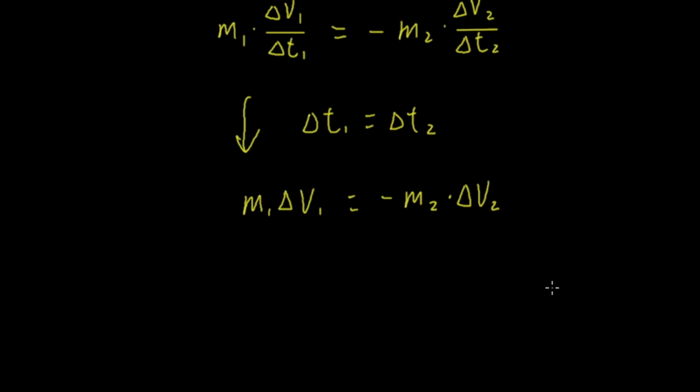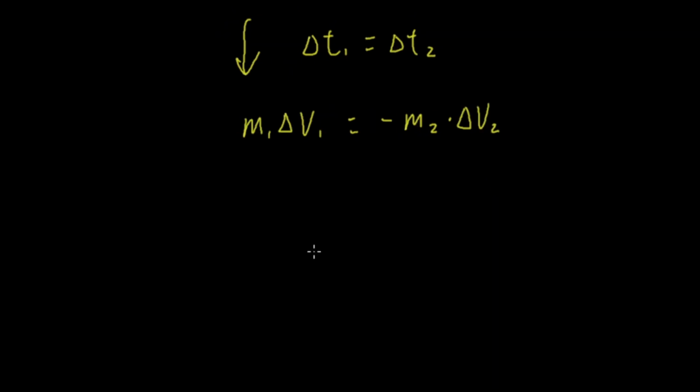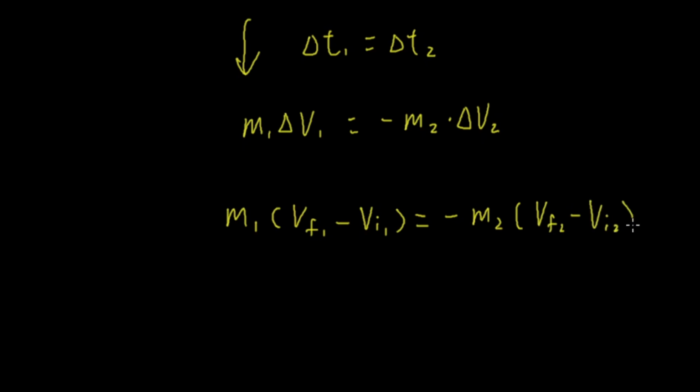Now, what is change in velocity? It's this. V final minus V initial of object 1 is equal to negative m sub 2 times V final of 2 minus V initial of 2.